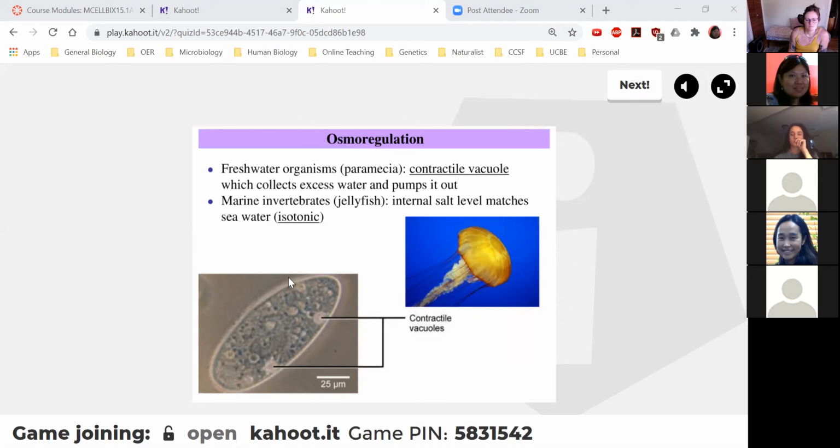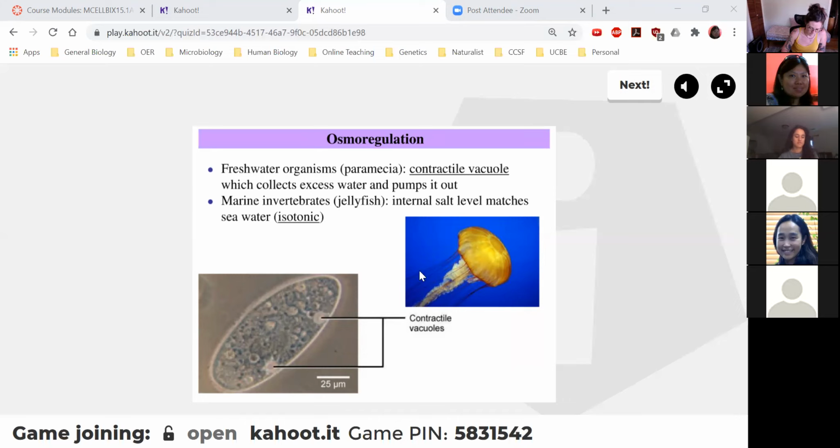That means water has got to be constantly going into the cell, right? But how come they don't burst? That's because they have an organelle called the contractile vacuole. The contractile vacuole can regulate water: it collects all the excess water and pumps it out, so the organism is not under too much osmotic pressure.